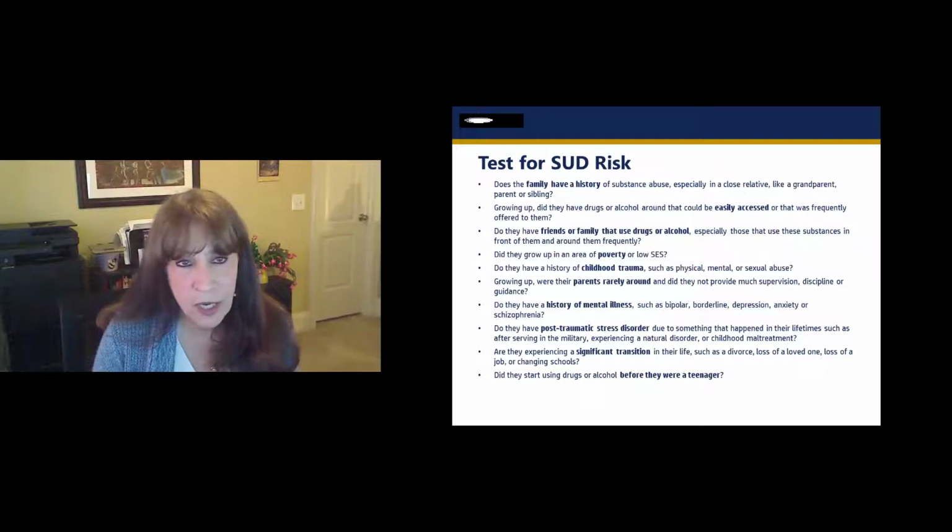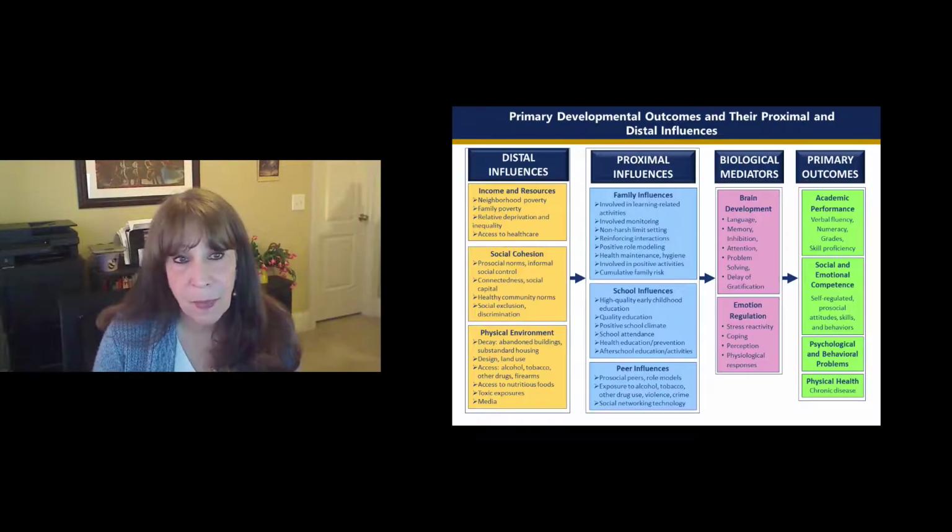Early onset is a very well-known risk factor for early substance use disorder in adolescence. Okay, so these are some of the influences in our lives. They are in all our lives, but I'm going to put them into the context of substance use as we go along in this presentation.